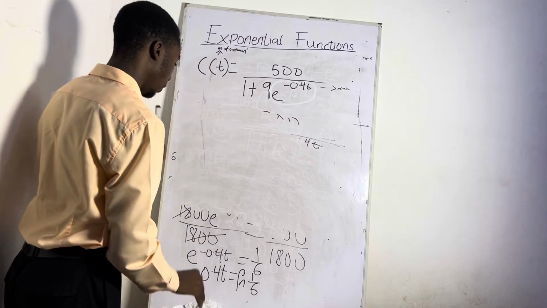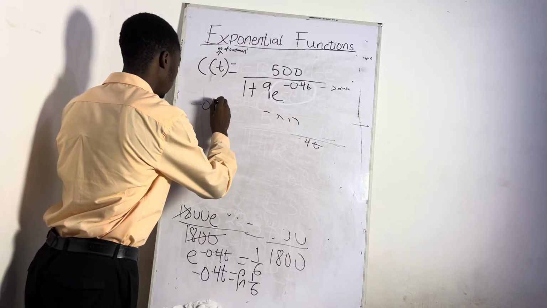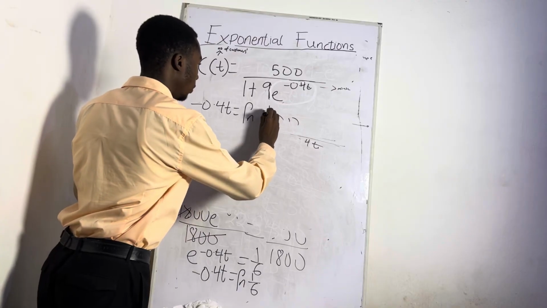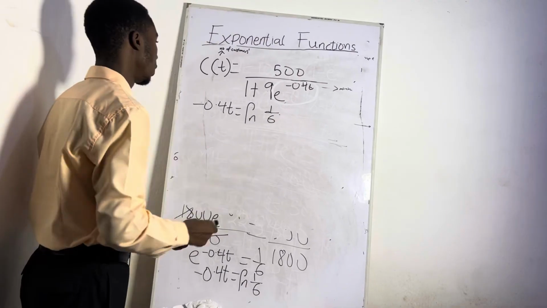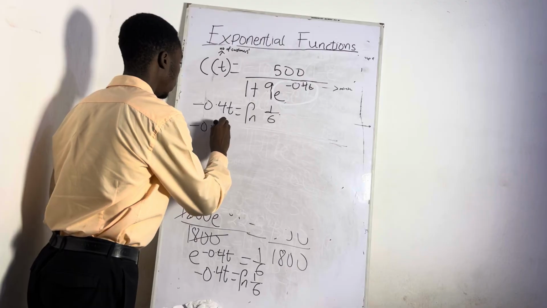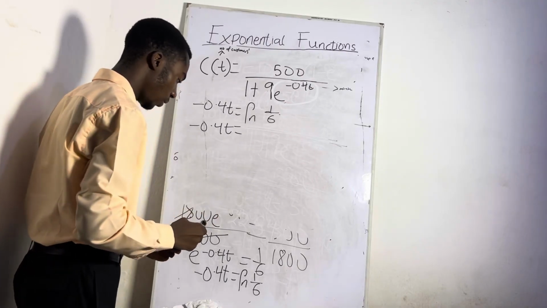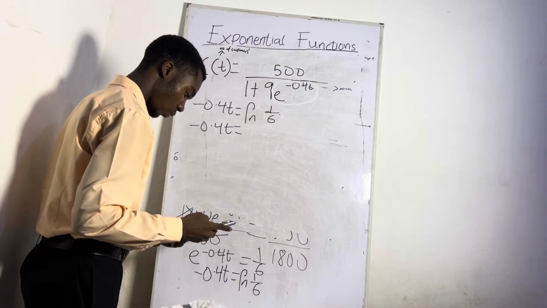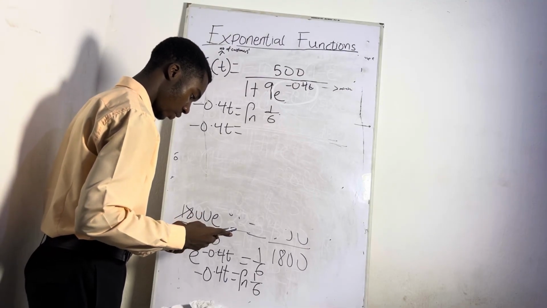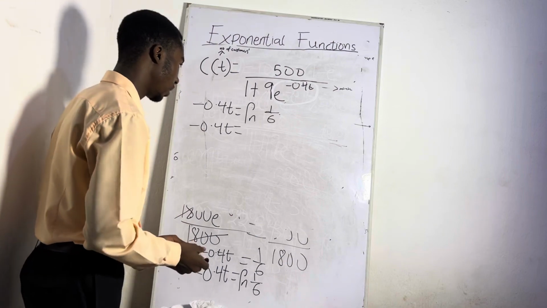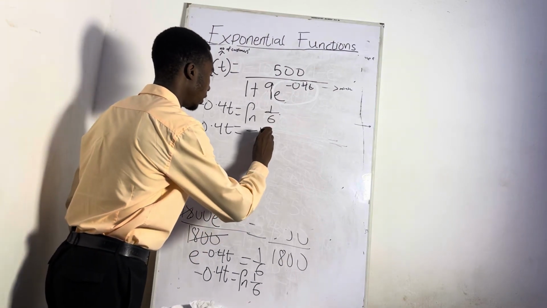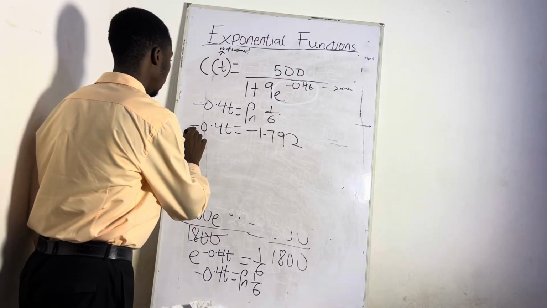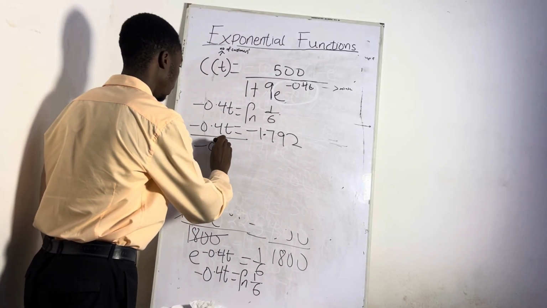So you can punch ln of 1 over 6 on the calculator, and we should be getting negative 1.792. t is still not standing alone, so you can divide both sides by negative 0.4.